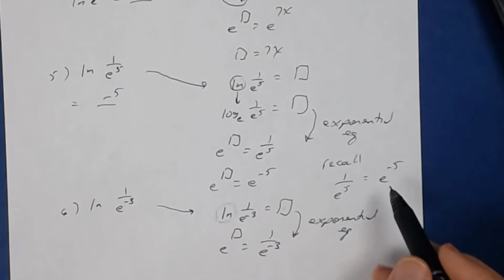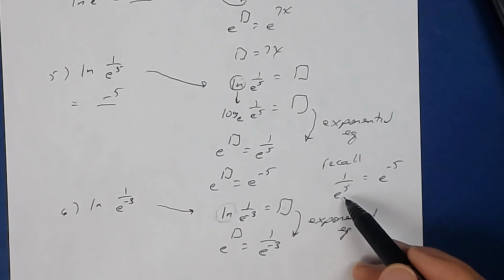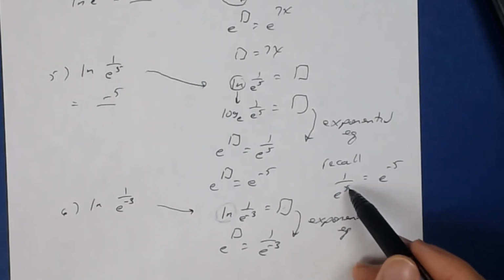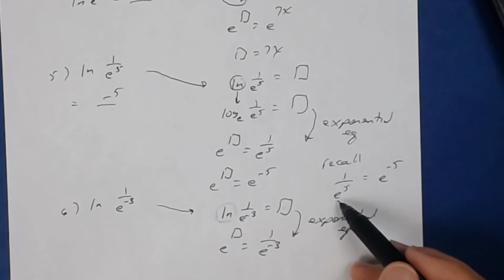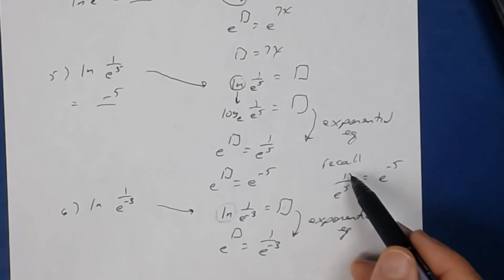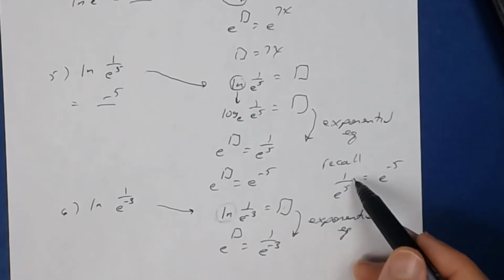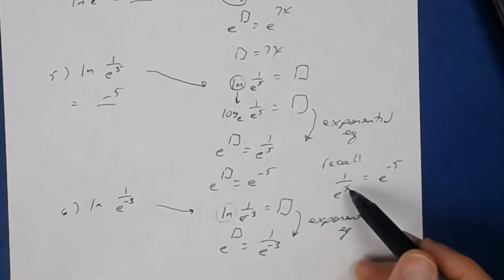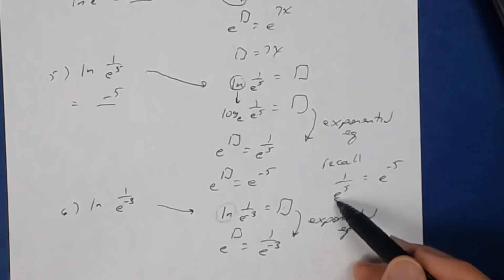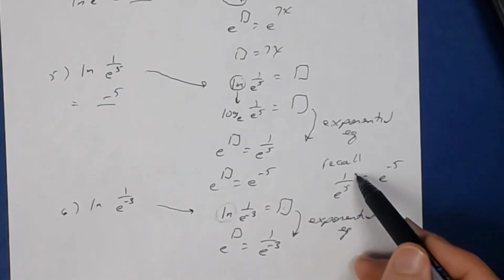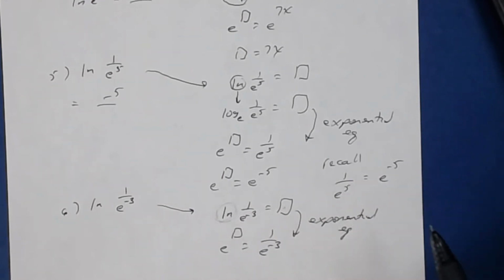Remember, e to the negative 5 is the same as 1 over e to the 5th. Basically, remember what happens when you deal with exponents: when you take this and bring it to the numerator, the sign of the exponent changes.